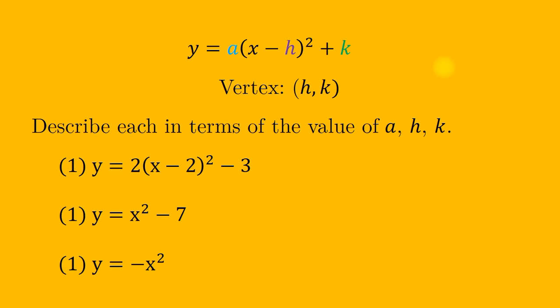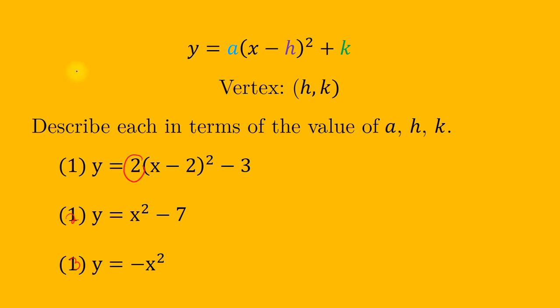For number one, we have y equals 2 times quantity x minus 2 quantity squared minus 3. The value of a is 2, so this graph opens upward.